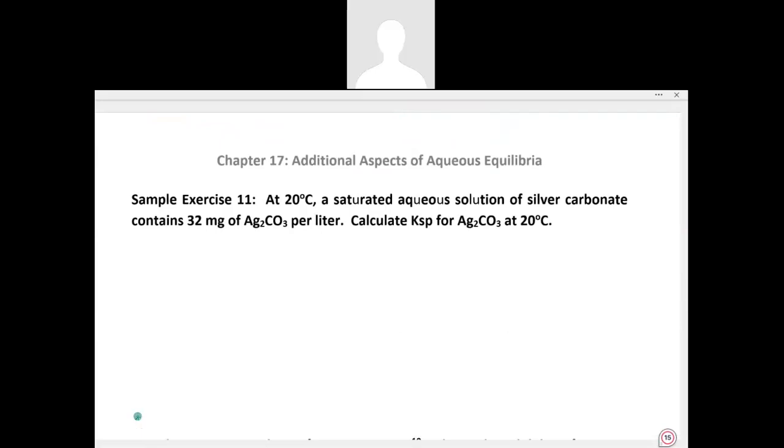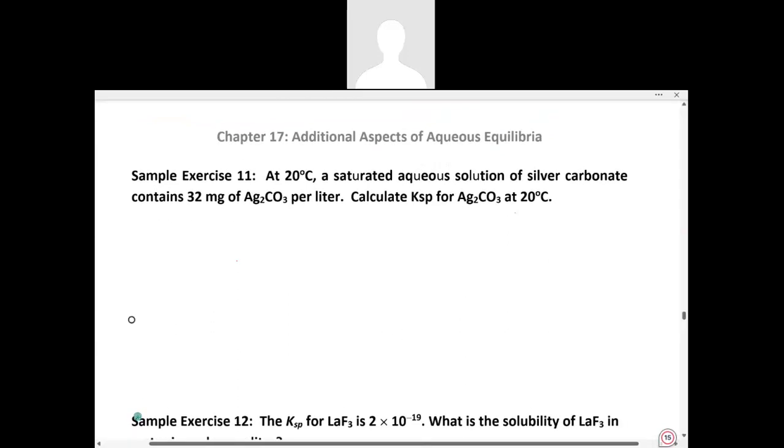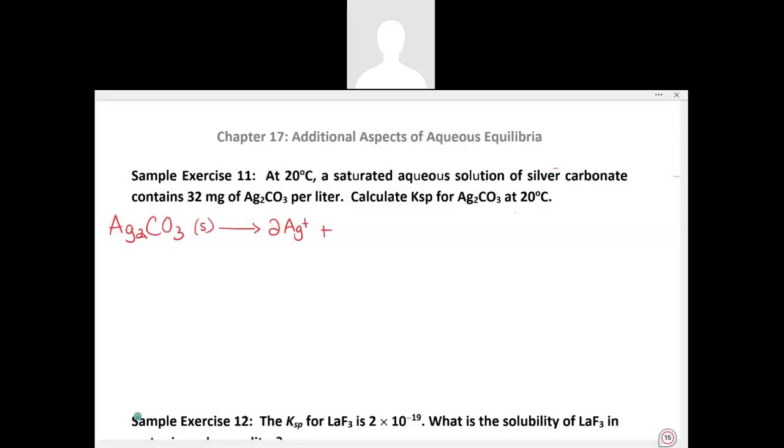So we're given some information here. We're told that at 20 degrees Celsius, we have a saturated aqueous solution of silver carbonate. So let's start drawing our dissociation here. Silver, again, is that +1 ion, carbonate is -2. So we get this solid molecular formula here. We add this to water, we ionize as much as we can, and we're going to get 2 silvers for every 1 carbonate.